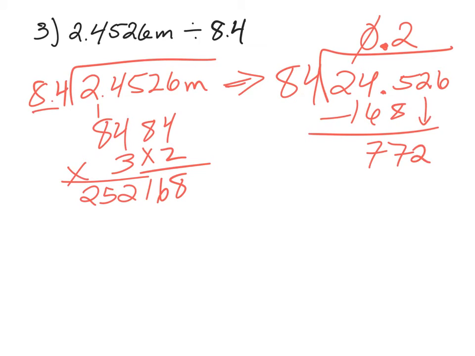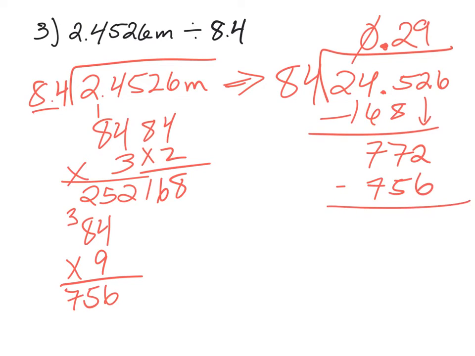Bring down a 2. How many times does 84 go into 77? Let's just see if it goes into it 9 times. Because 8 times 9 is 72. 4 times 9 is 36. 8 times 9 is 72 plus 3 is 756. So it goes into that 9 times. 772 minus 756 is 16.